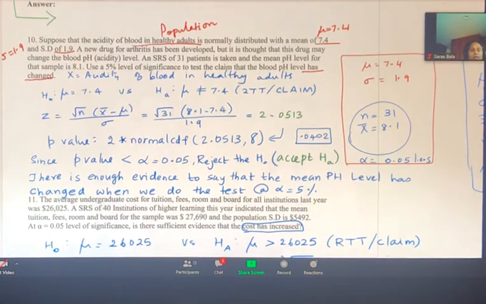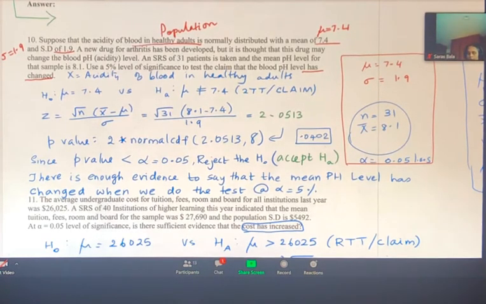Then in a sample of 31, from that population I'm picking a sample of 31 patients, and the mean comes out to be 8.1. I hope you understood what I mean by the population, the rectangle, and inside the population there is a circle that represents my sample data. Sample data of 31 patients giving me the sample mean.